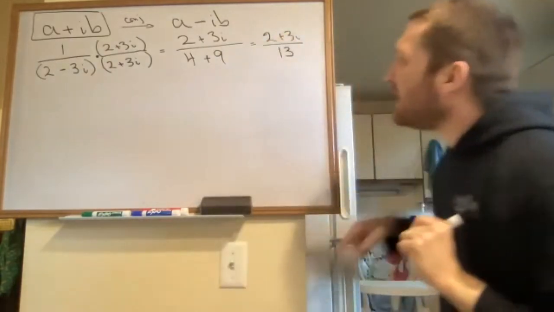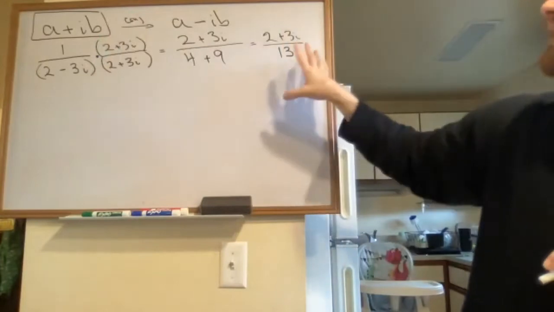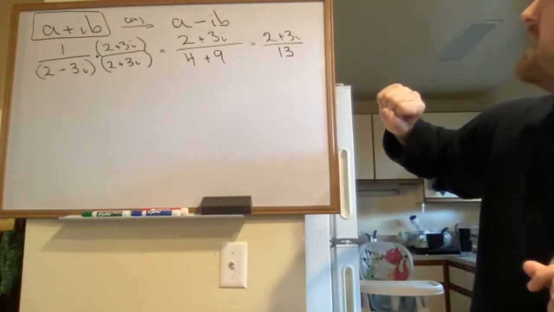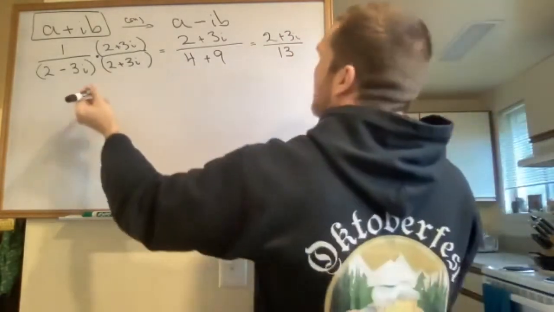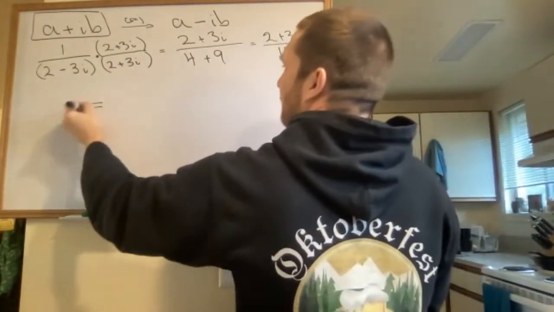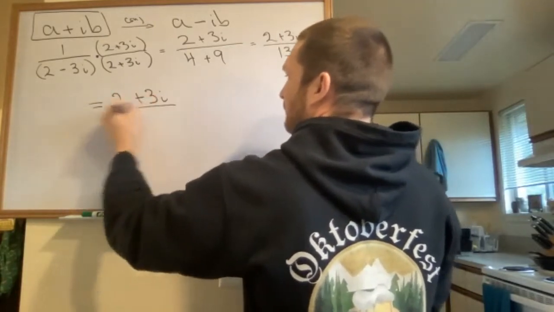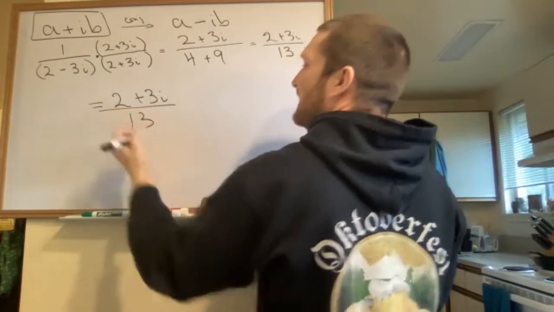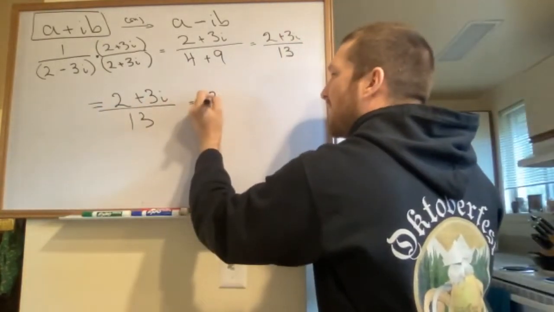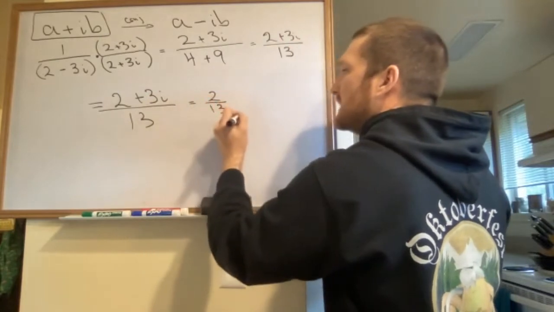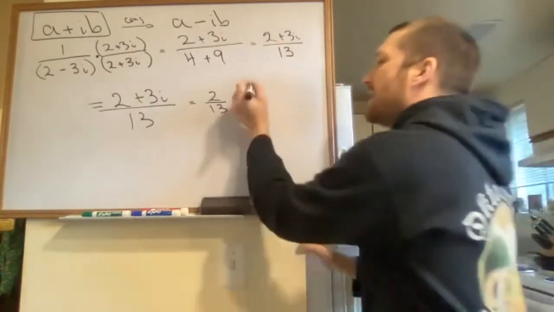Now we're not quite in that form. I still can't really graph this the way that it is. But what I could do is just split this up. I have one denominator and a sum on top. So here, I'm going to copy this down again to make the point. This is the same thing as splitting this up. That's 2/13 plus 3/13 i.